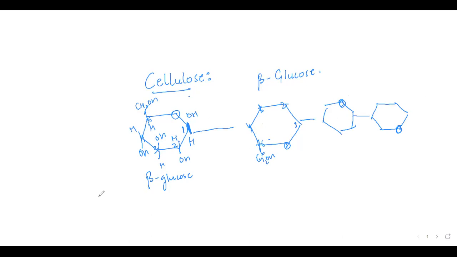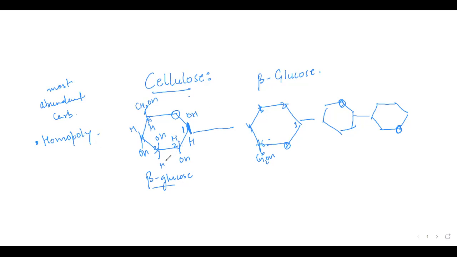Now, first of all, let's discuss some properties of cellulose. This is the most abundant carbohydrate found on earth. It is a homopolysaccharide, as it is made up of only beta glucose units in upright and inverted manner.